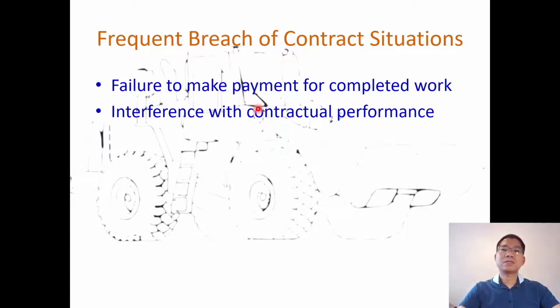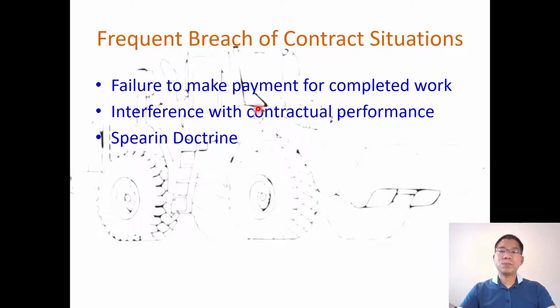You have the contractor's workers working, but the owner wants to interfere: you have to do this, you have to do that, I want it done much better. Once or twice should be okay, but if it interferes many times, it will reduce the efficiency of the construction work, and the contractor may go after you for breach of contract.